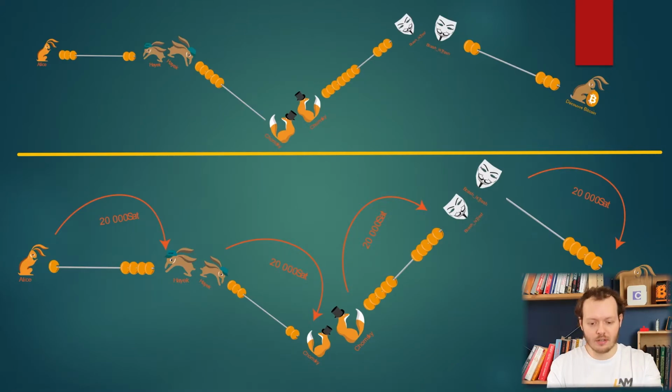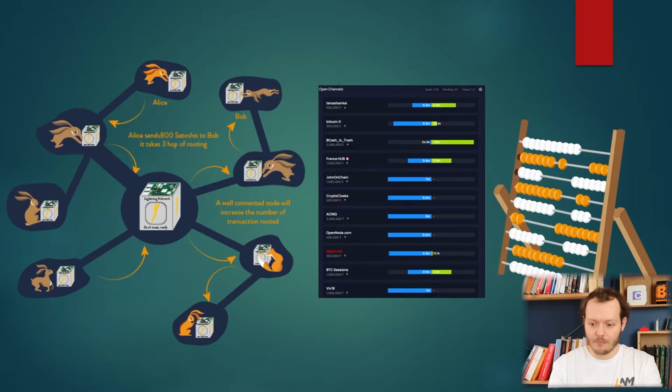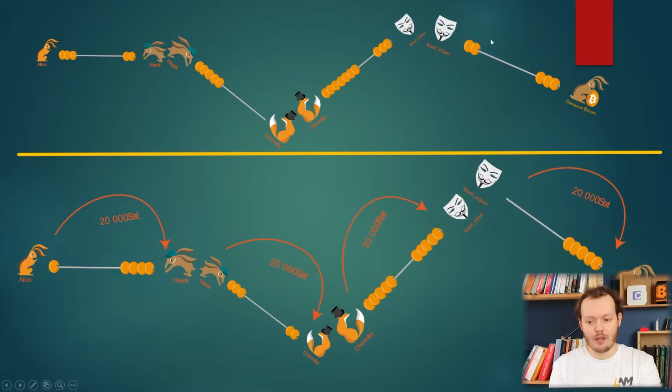Now, there's a couple of important things to discuss here. First of all, what happens if, for example, Alice tried to send 3 instead of 2? Well, this one potential road of routing from Alice to Découvre Bitcoin wouldn't work. It wouldn't work simply because, as you can see, Bcash is trash doesn't have enough liquidity to send 3 to Découvre Bitcoin.